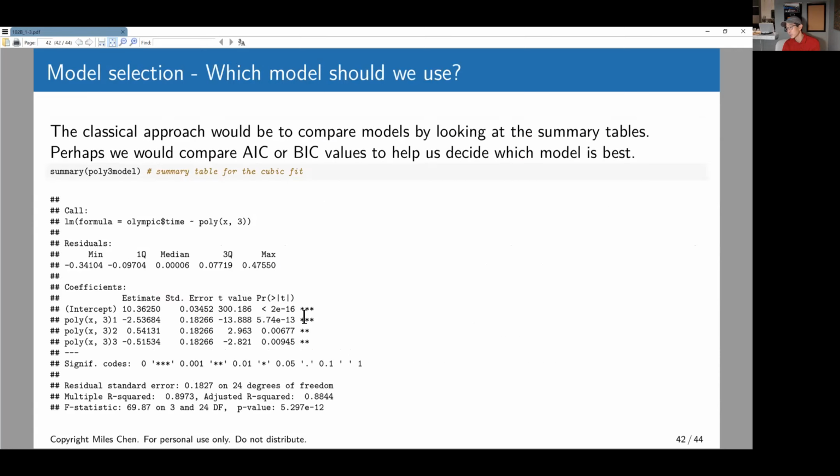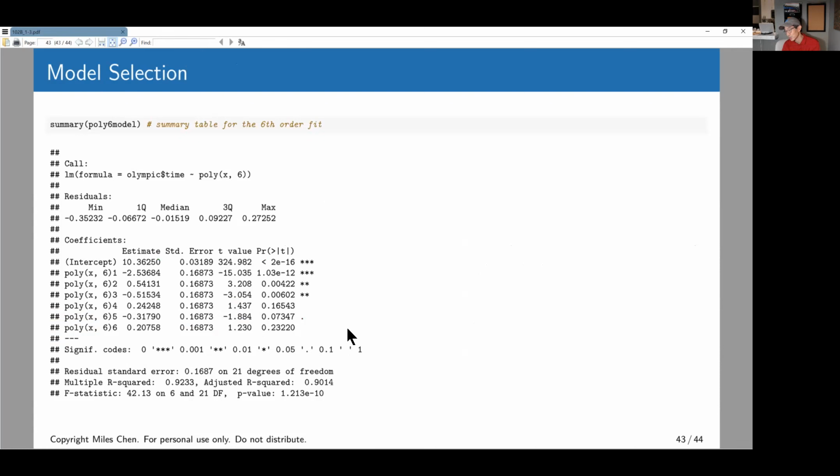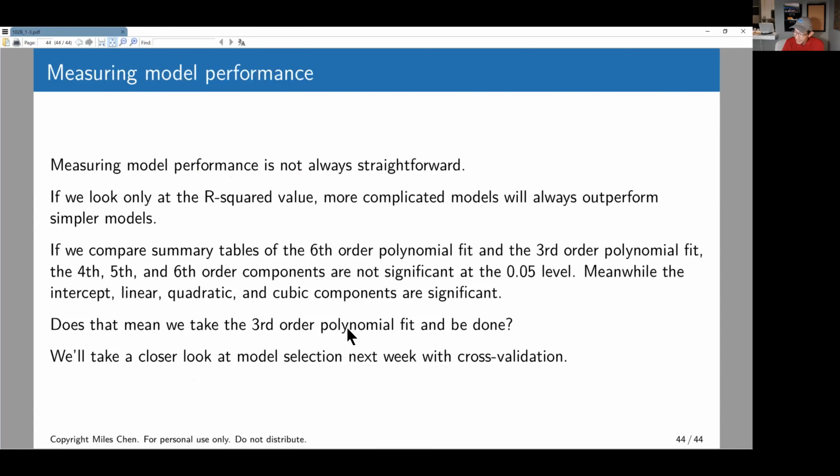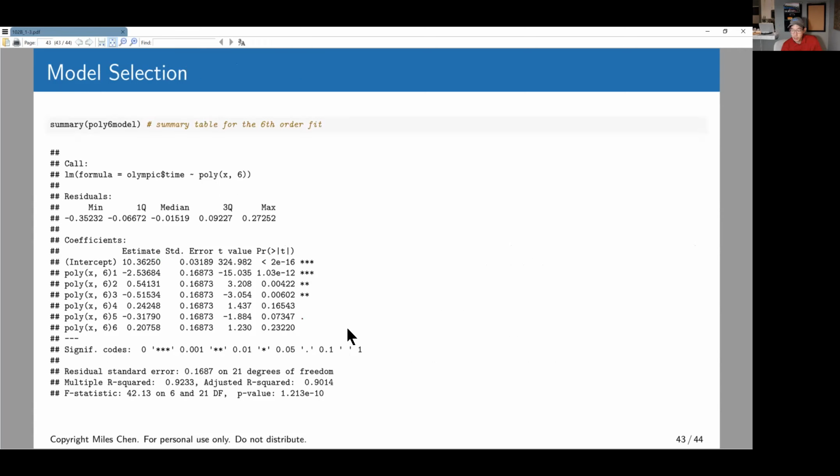And so the question is, would we just take the 3rd order polynomial and say, all right, that's the one we keep and we're done? And the answer is I don't know if that's the best solution. So I guess we'll wrap up a touch early today, but what we're going to look at next week is using cross-validation as a way to assess model fit. So rather than relying on these summary tables, which, don't get me wrong, I think summary tables are excellent, and if you feel like you can interpret and understand them, absolutely go with it, okay?